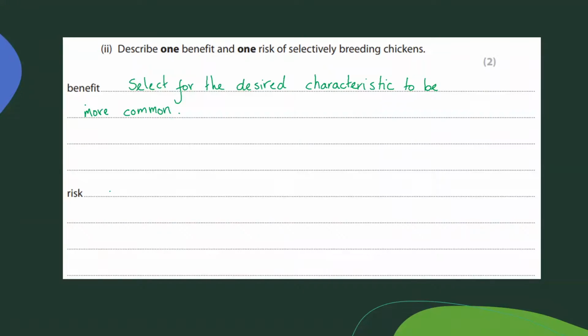Risk: you could have genetic diseases. So a higher risk of genetic diseases. You might know, again with dogs, this is a common thing. It can occur in any animal, where if the gene pool is too small, if they keep breeding from a small set of animals, then if one has a genetic defect, genetic disease, it can pass it on.